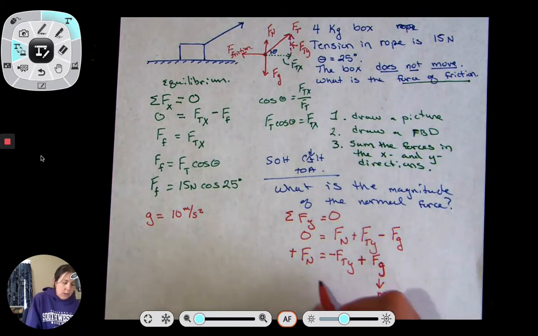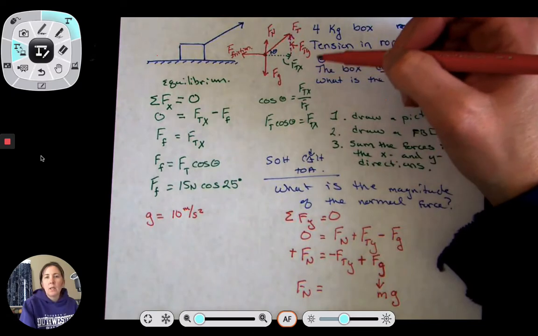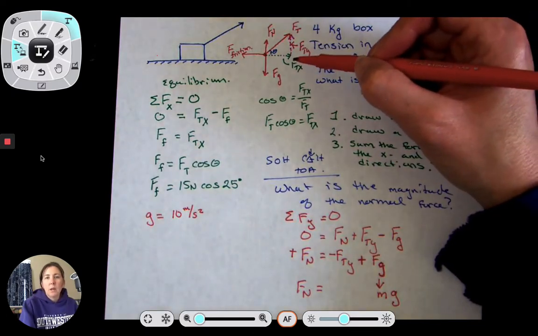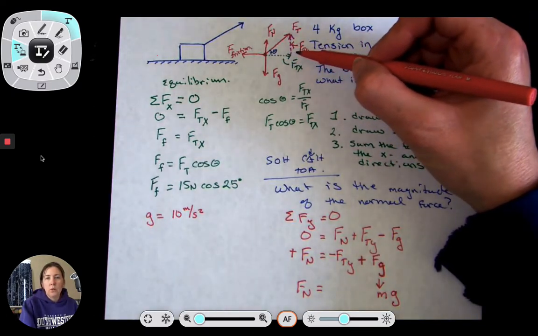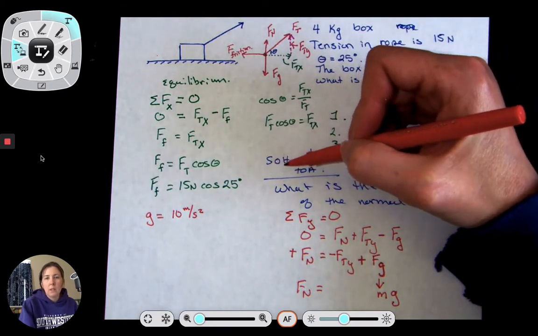All right, so for the normal force, now we need to figure out the force of tension in the y direction. That is the opposite side, because this angle looks across to it. That's the opposite side of my triangle. Opposite is the sine.